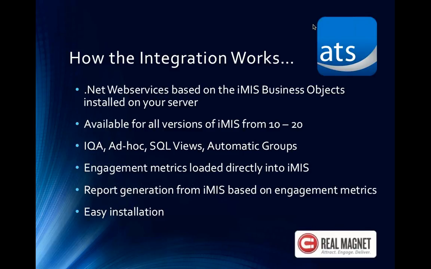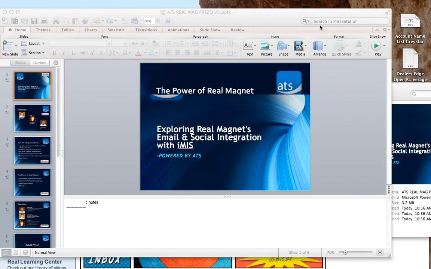In the next 15 or so minutes, I'm going to walk you through how you get data from iMIS into Real Magnet by running your queries in iMIS and making them visible under the iMIS management section.